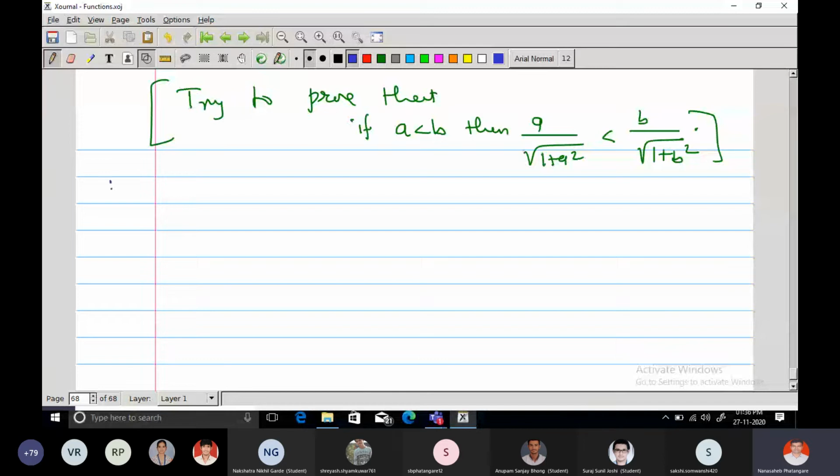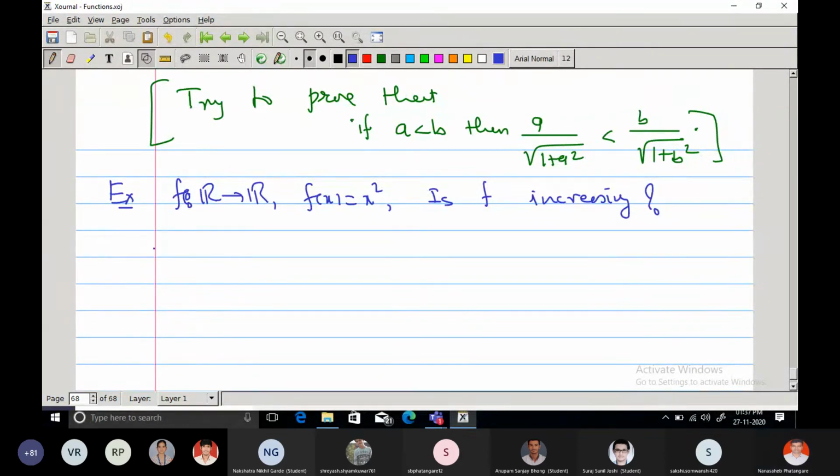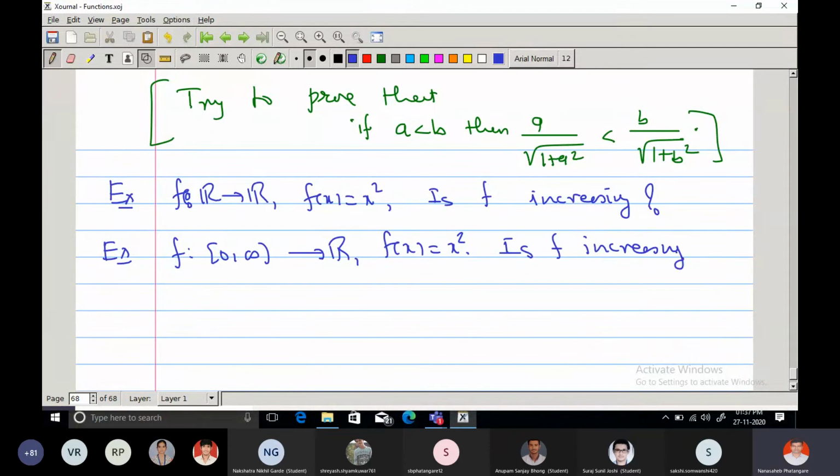Is f increasing? See the graph of x square. Is it increasing?